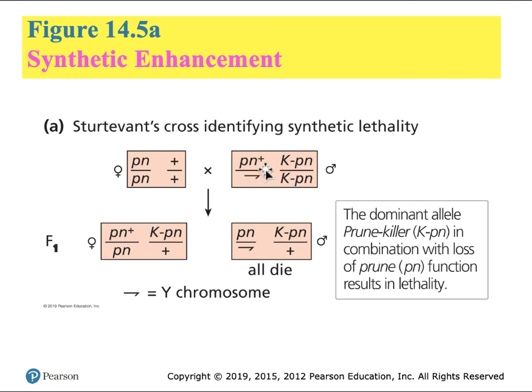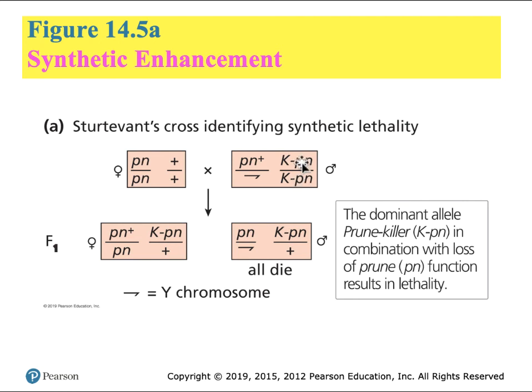Now the prune phenotype, we can tell now, is on the sex chromosome. So the sex chromosome of these flies in the male is hemizygous, therefore there's only one copy, and because of that one copy being mutant, this fly will have a mutant phenotype for prune. And at the second locus, on the second chromosome, this is telling us that this is not a sex chromosome, this is an autosome.